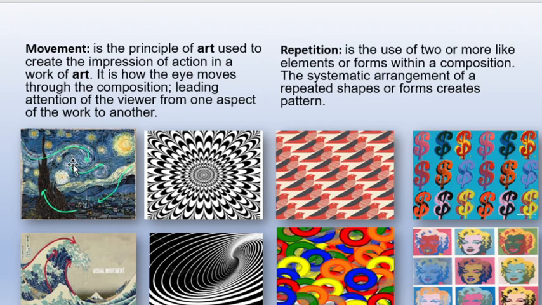So the movement is used here just to create something like the movement of the eye. It creates a certain action in the work. So in works that have this principle, movement, the eye keeps moving.